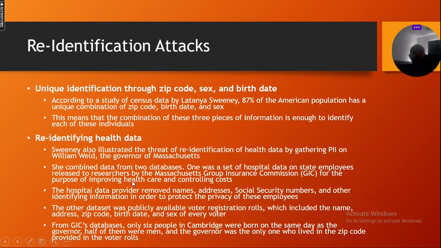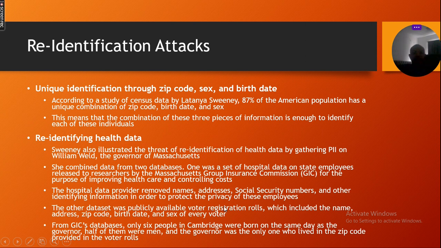Now, what they did is combine the data from two databases. One was a set of hospital data on state employees released to researchers by the Massachusetts Group Insurance Commission for the purpose of improving healthcare and controlling its cost. So government usually has good intentions, most times, for releasing data to research purposes. However, sometimes this may get out of hand if these data are released.